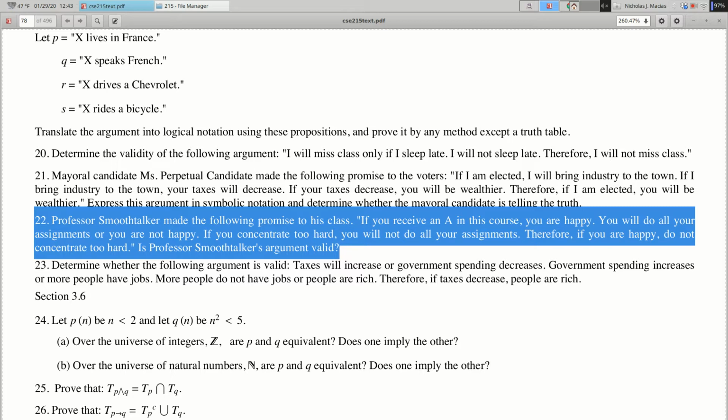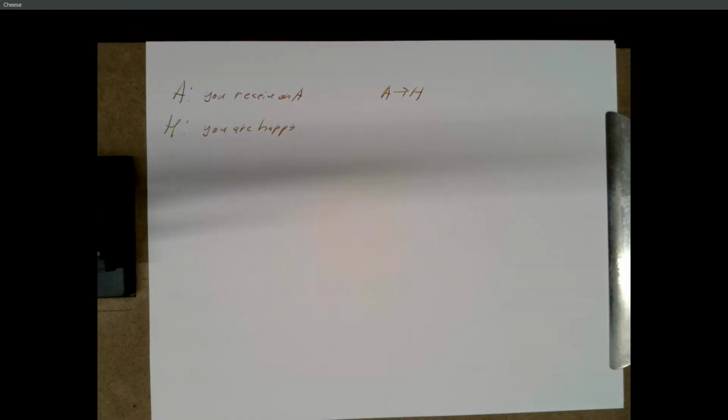So let's say A is the proposition that you receive an A, and H is the proposition that you are happy. And this first statement is, if you receive an A, then you are happy. So I'm starting to translate this.